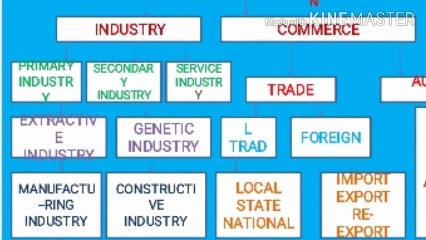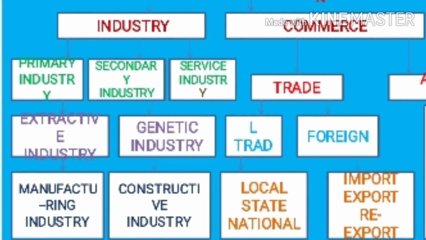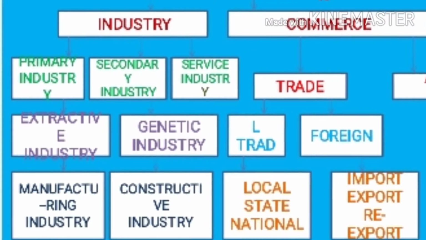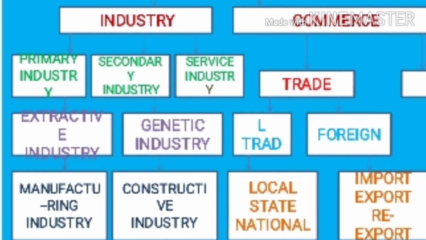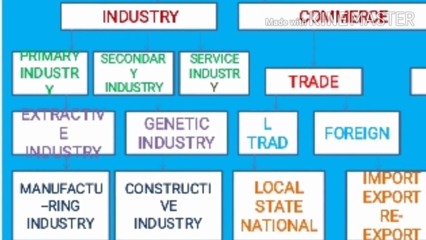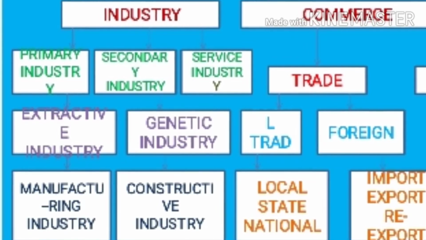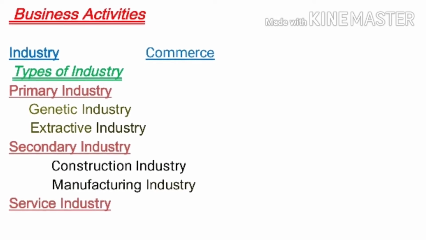Once you take a look at the chart, you will find that industries are classified into three types: primary, secondary, and tertiary, or service industry. First one, primary industry. Such industries extract natural resources from earth, air, water in the form of raw material for other industries. They are also of two types: genetic and extractive industry.